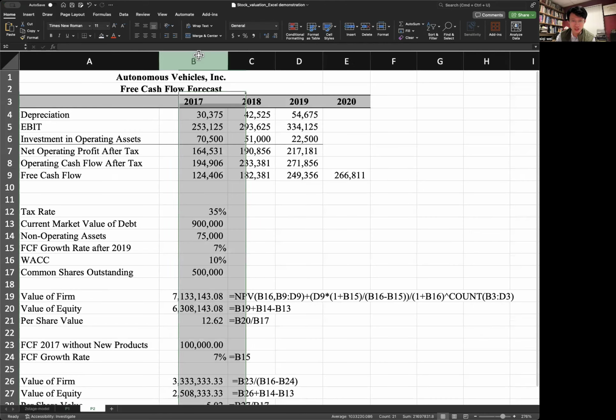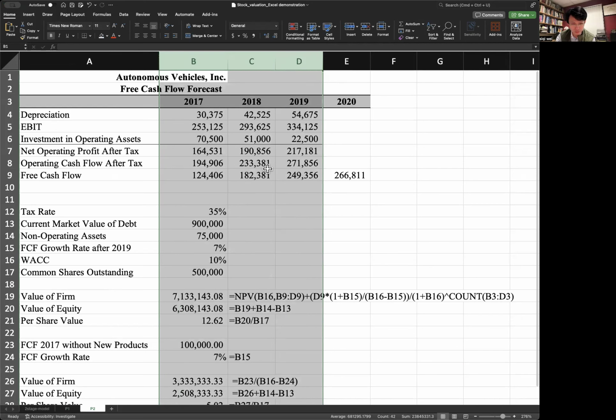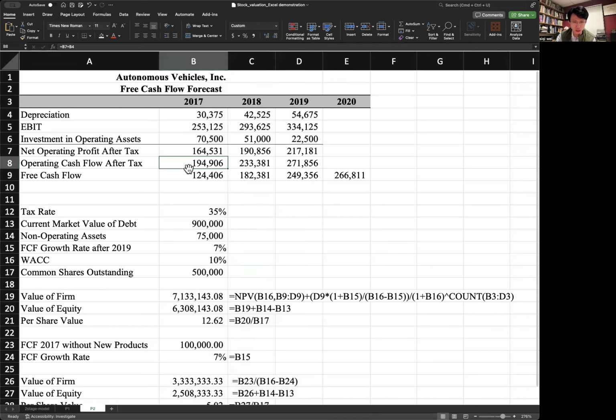So you have the historical accounting information. Following standard accounting adjustments, you get the free cash flow, and you can forecast the hypothetical free cash flow next period, and use that free cash flow to generate the firm value.